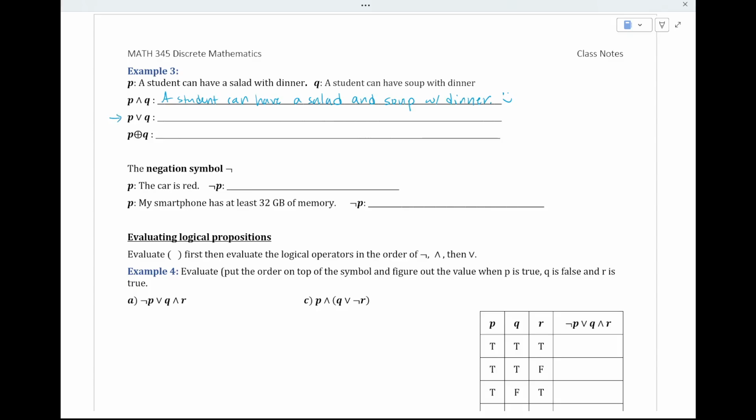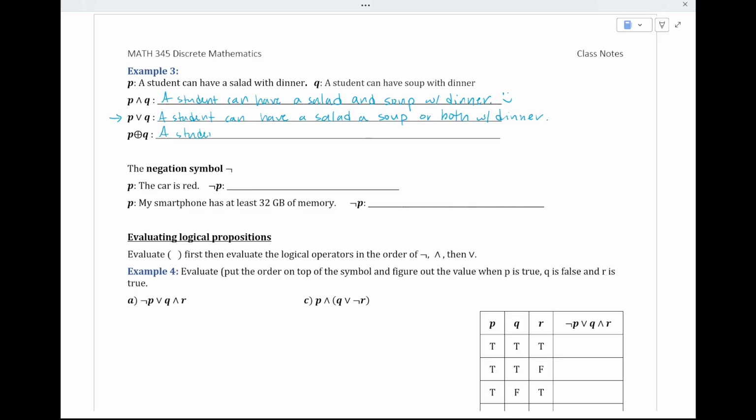Or, this is our inclusive or. A student can have a salad, a soup, or both with dinner. Last one, exclusive or.